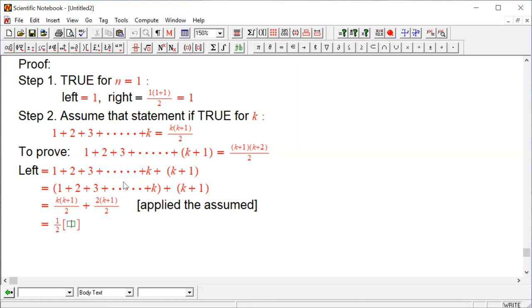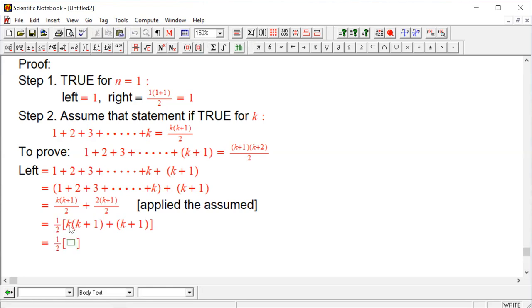And in the bracket we have this product multiplied by 2 times k plus 1. You can see we already have the divided by 2 here. We just have to prove the inside of the bracket is the numerator of the right-hand side of the statement to be proved. So we're going to keep the half outside.